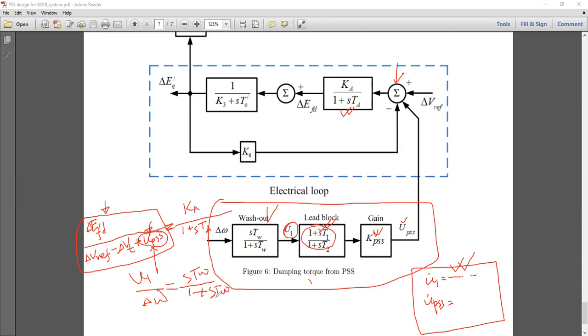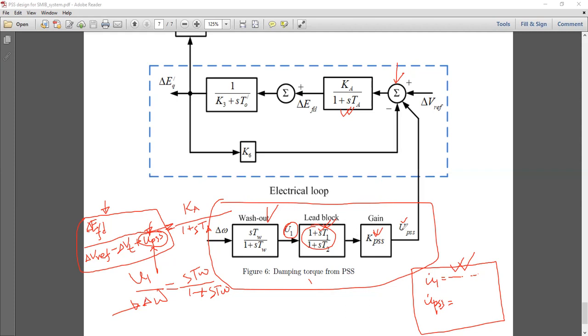Simply cross multiply. So it would be U1 dot plus U1 dot TW equals del omega dot into TW, and del omega dot you have to replace from the previously written second state equation, the del omega dot speed state variable.